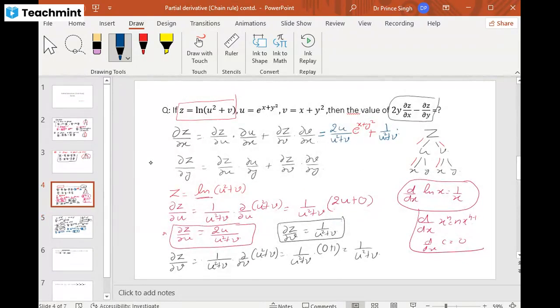So it is 1. Okay, and what about... if we combine them, let me clear this particular part.